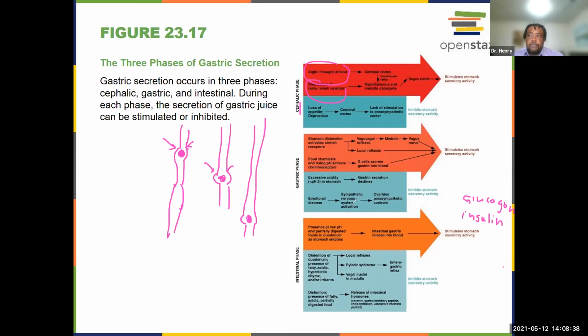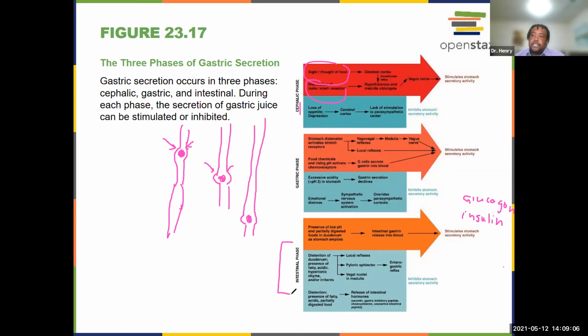The sympathetic nervous system can also be activated, which is going to cause inhibition. The fact that you're going to want to run means you're not going to want to eat at that point. So you get inhibition under these circumstances, and you get stimulation under these circumstances.